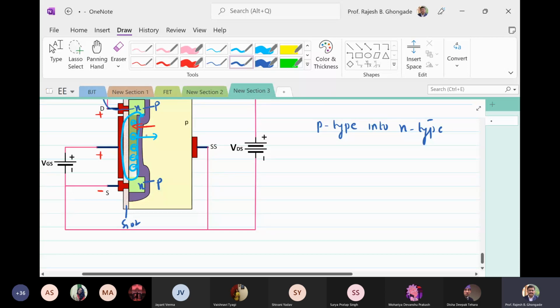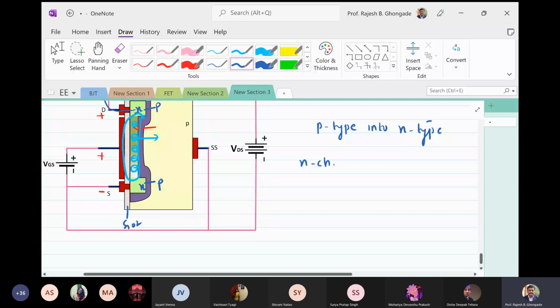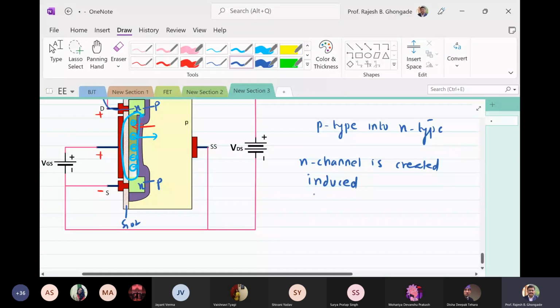And what we essentially have is that this N channel is created, also called induced. So N channel is induced over here. तो N channel अभी आपको मिल गया है.